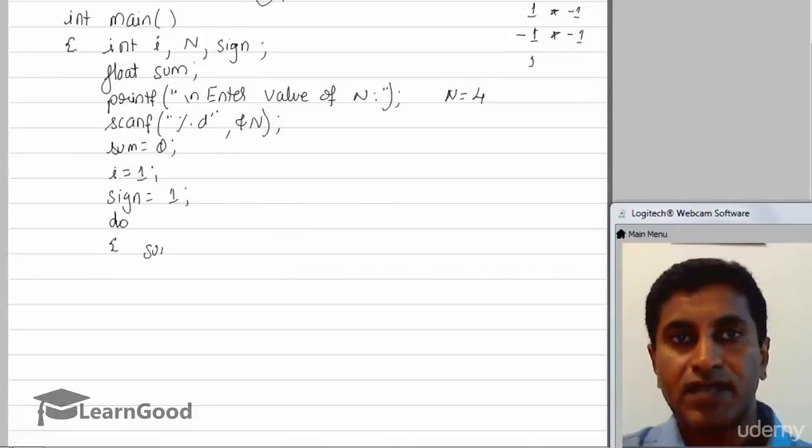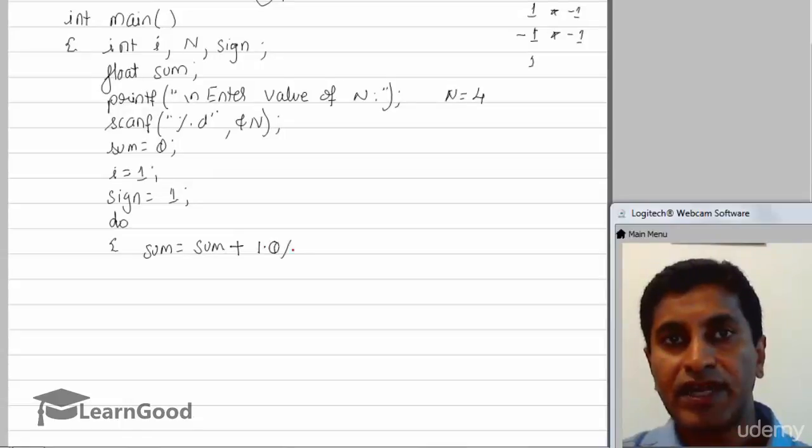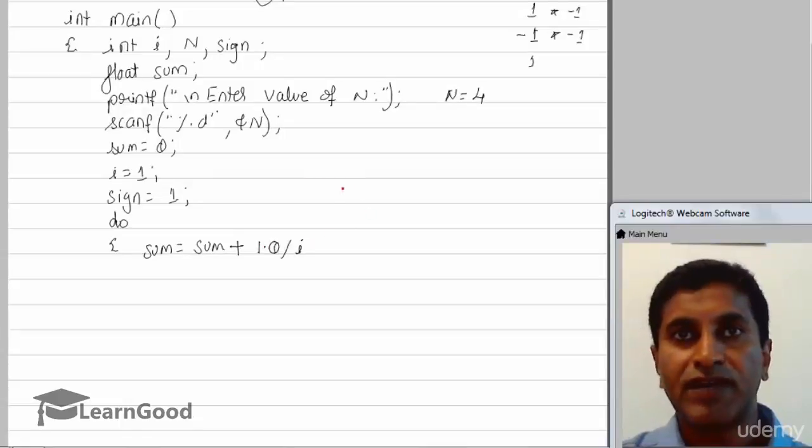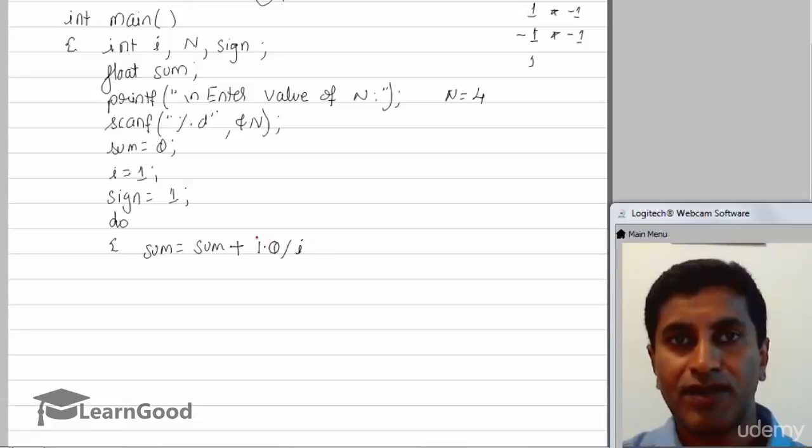Here sum equals sum plus 1.0 divided by I, that is 1 divided by 1, 1 divided by 2, 1 divided by 3.